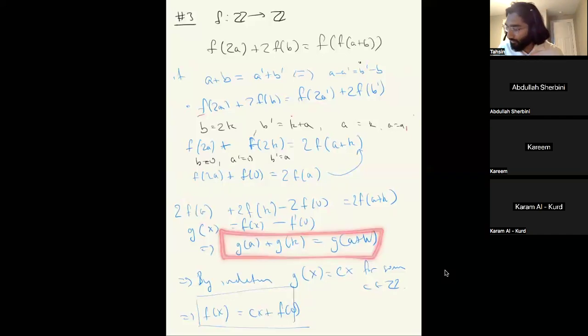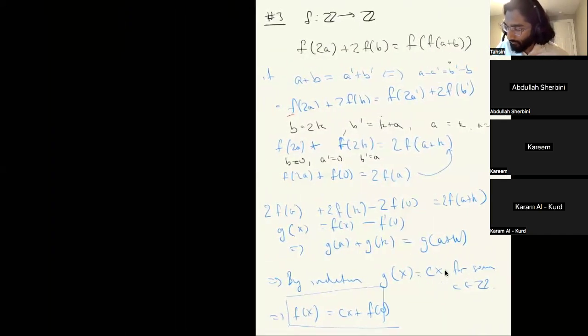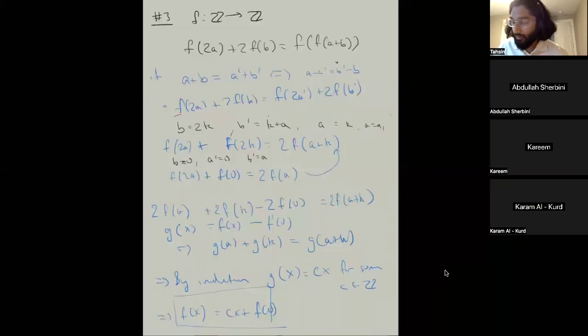Okay, so this is Cauchy for integers, right? So how does Cauchy for integers work? It's basically just induction, right? You can say g of x plus 1 equals, maybe g of x plus g of 1, something like that, and then it's induction.